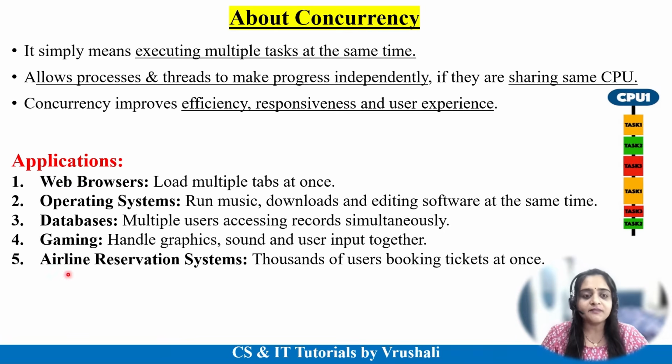And the last example is the airline reservation system. Here, thousands of users book tickets at once, at the same time, right? So basically, the concurrency feature is used in each and every application or operating system to perform every task parallelly and give an efficient and good user experience.